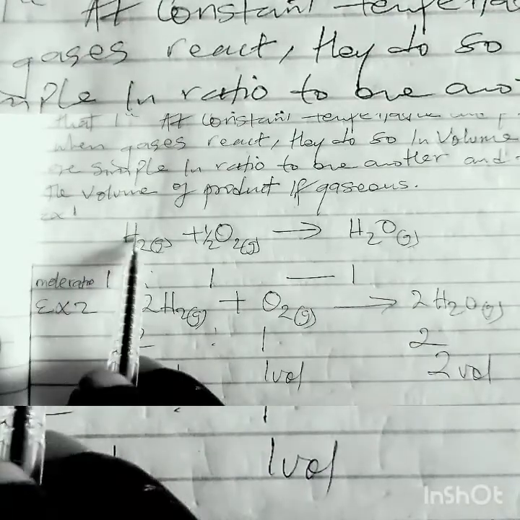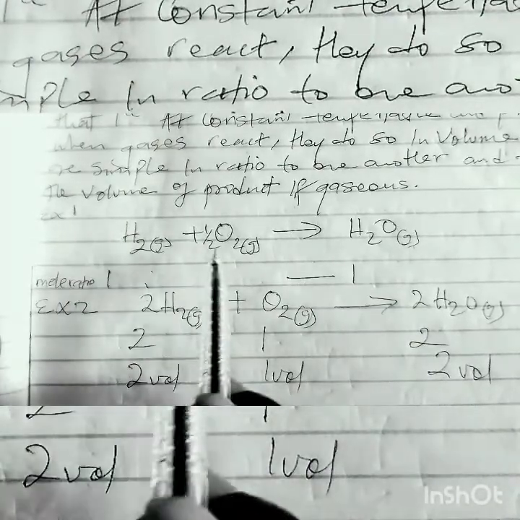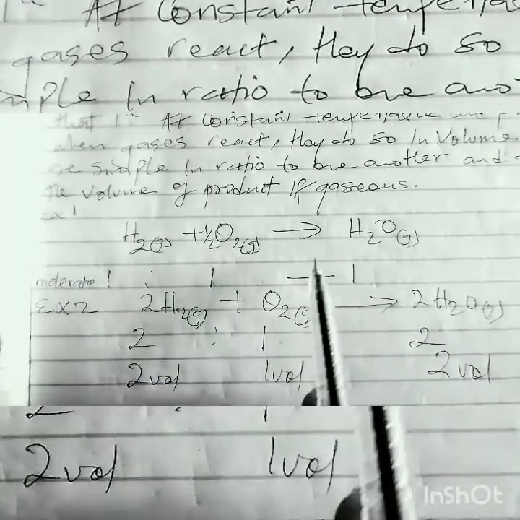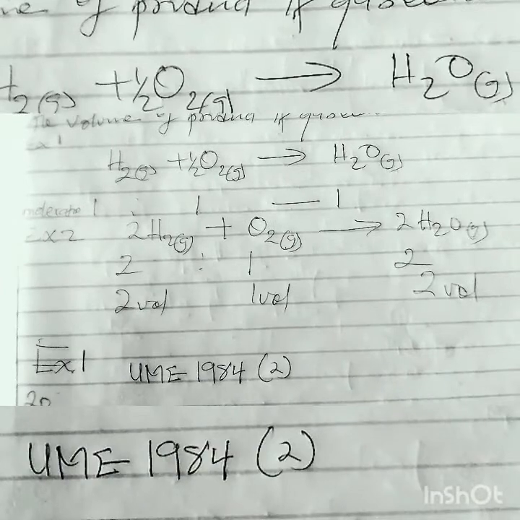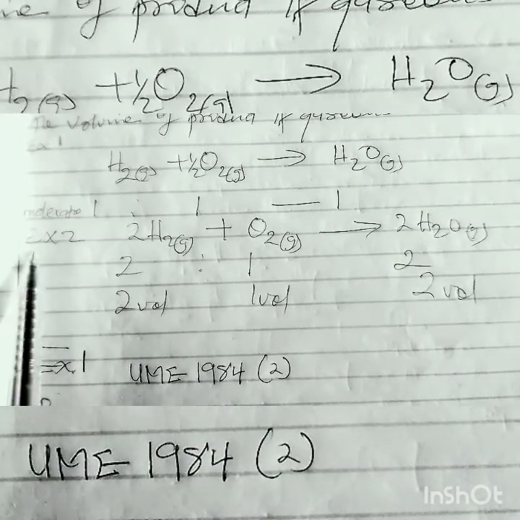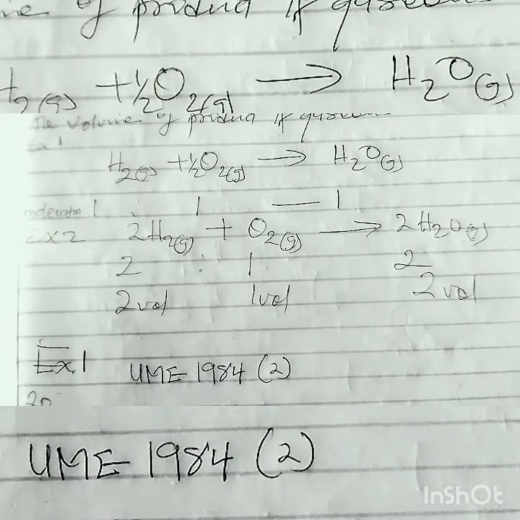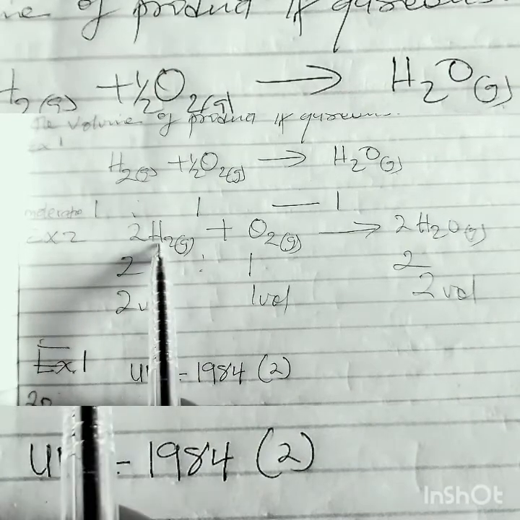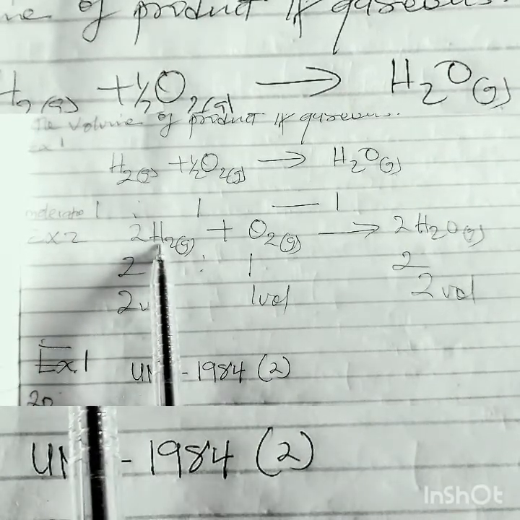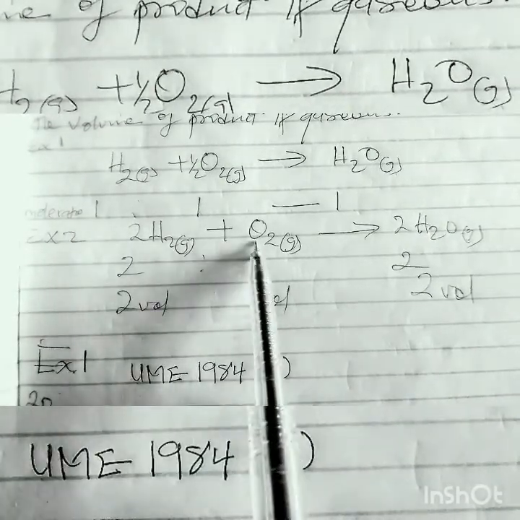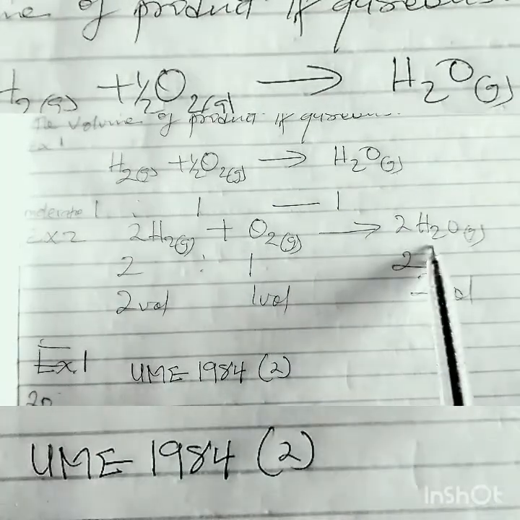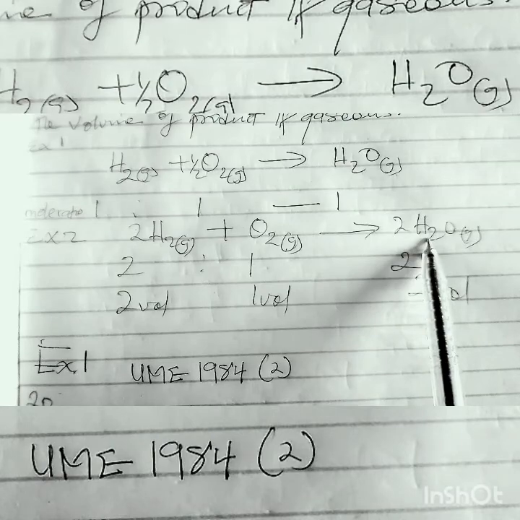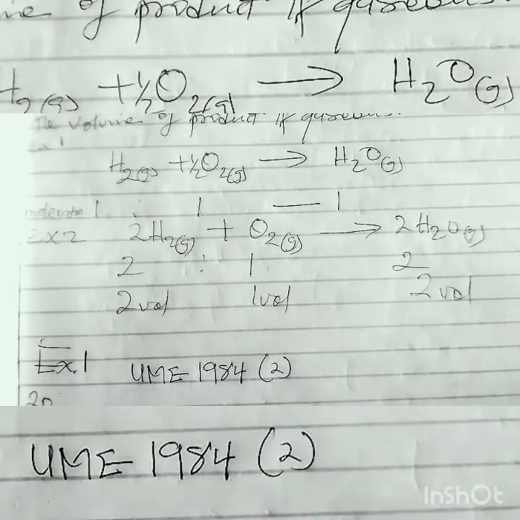That means 1 mole of hydrogen reacts with 1 mole of oxygen to give rise to 1 mole of water. The same thing happens in example 2, where 2 moles of hydrogen gas combine with 1 mole of oxygen gas to give rise to 2 moles of water.